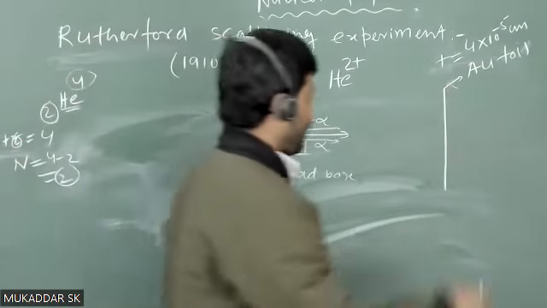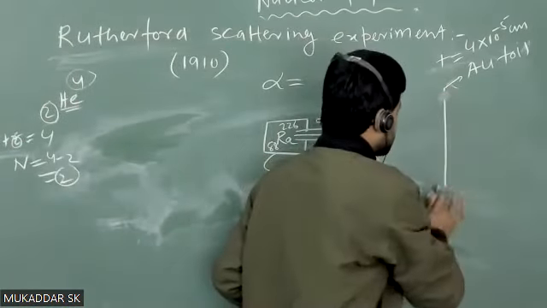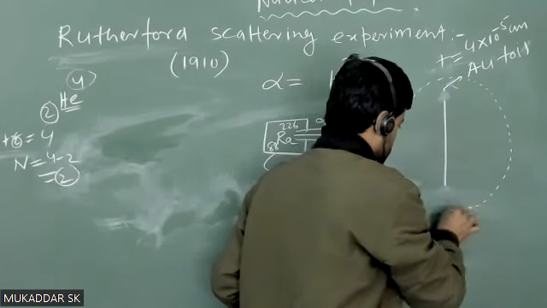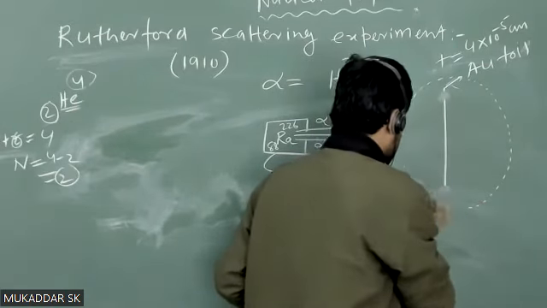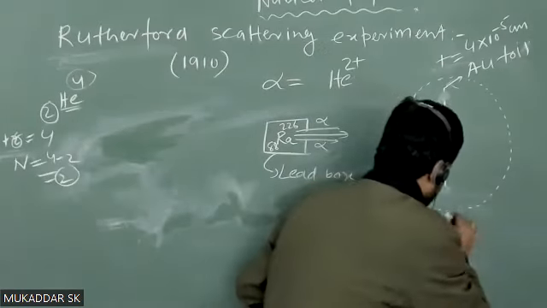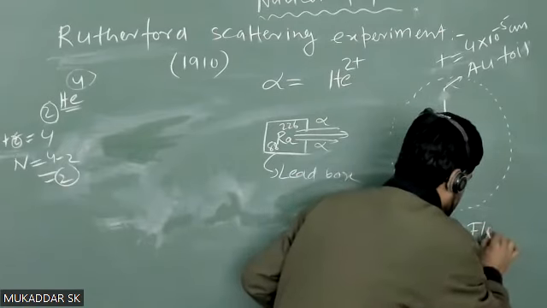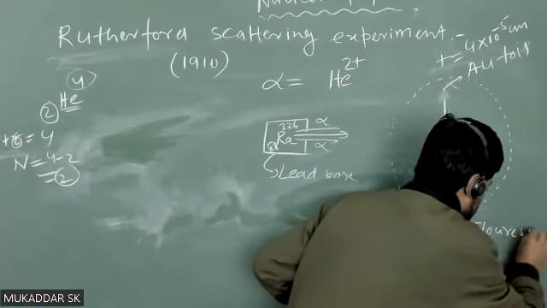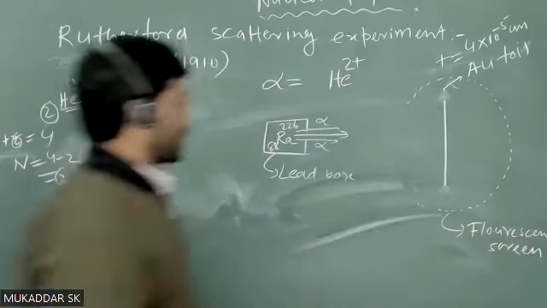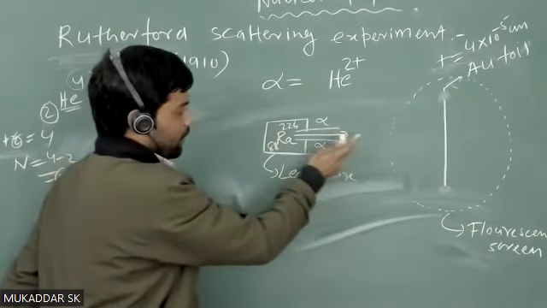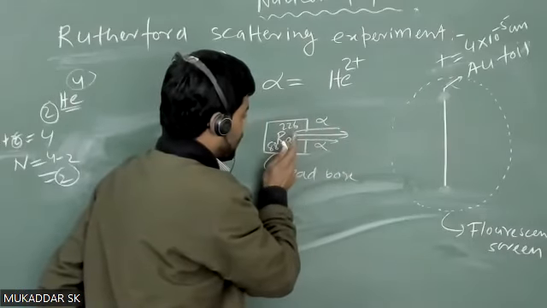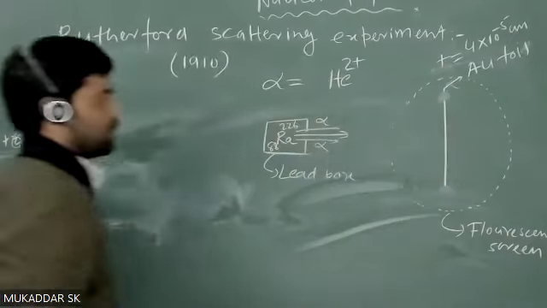Of course, this target is surrounded by a fluorescent screen. So this alpha particle, there is a hole here. This alpha particle emitting from radium is striking this target.